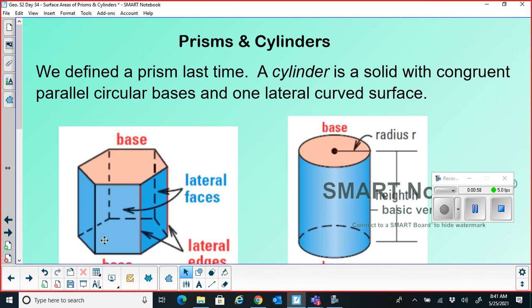That was the definition of prism. A cylinder is a solid with congruent parallel circular bases. You see here we have congruent parallel circular bases and one lateral curved surface.